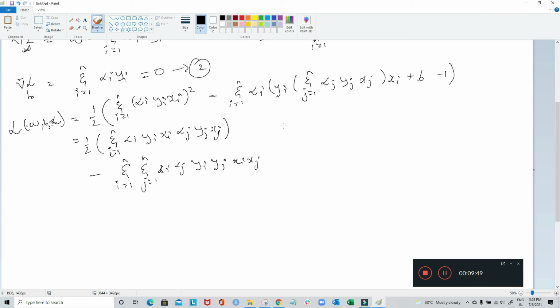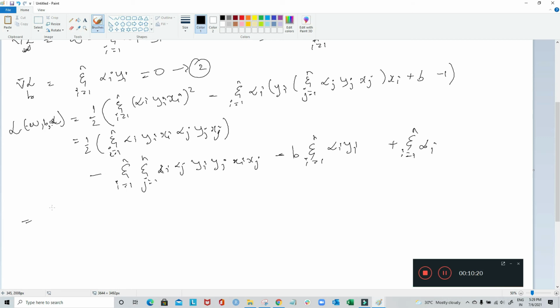Xi gets multiplied, right? Minus b times summation i equals 1 to n, like this part and this part, i equals 1 to n alpha i yi, plus this part and this part, summation i equals 1 to n alpha i.